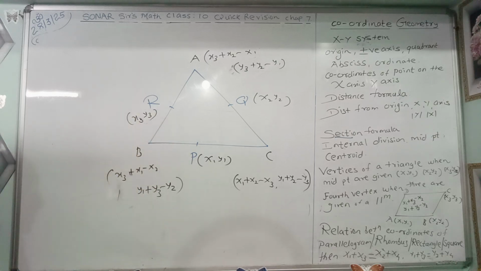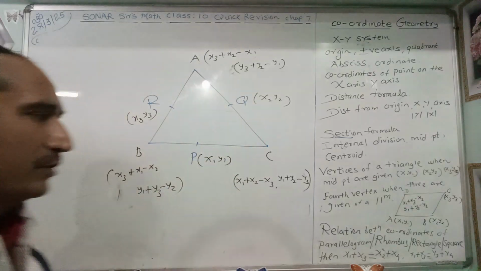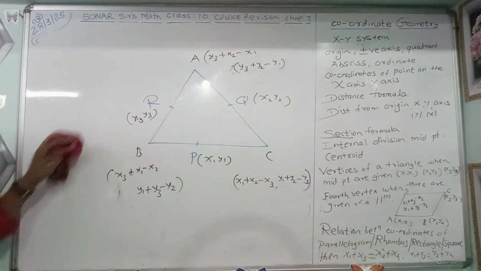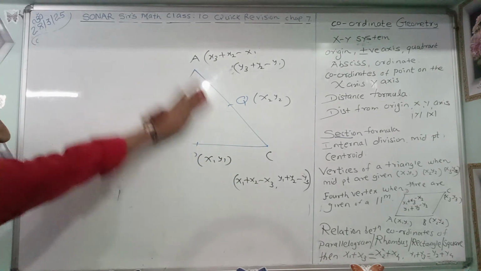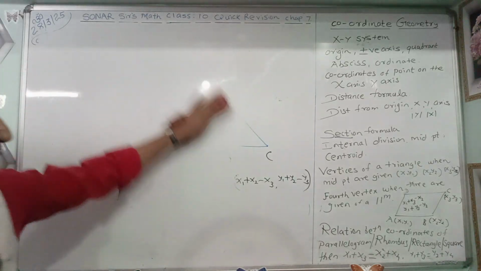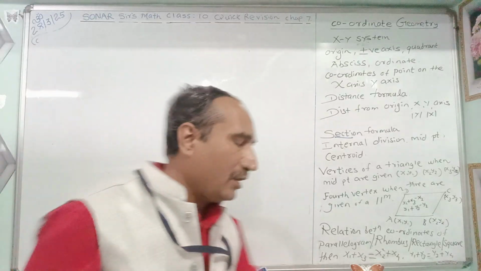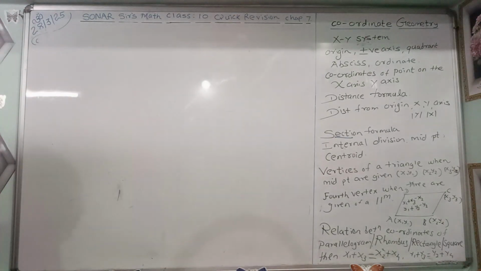The same trick is there for finding the fourth vertex of a parallelogram, which is our next point. Parallelogram, you all are well known. The quadrilateral with opposite sides parallel and equal is called a parallelogram.